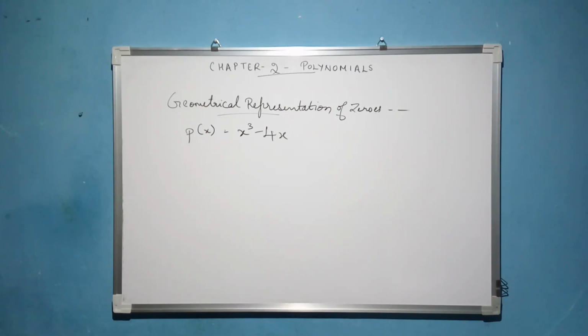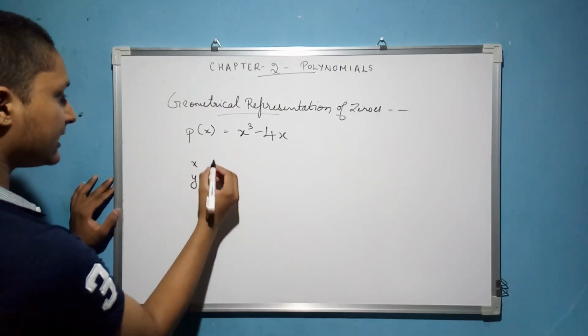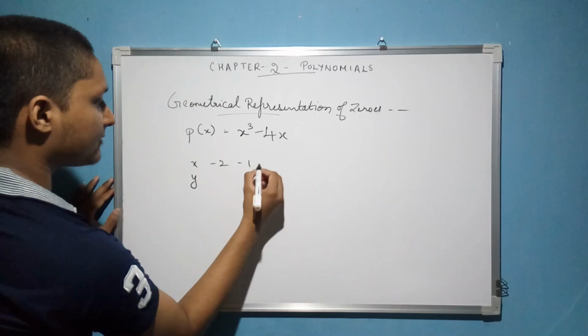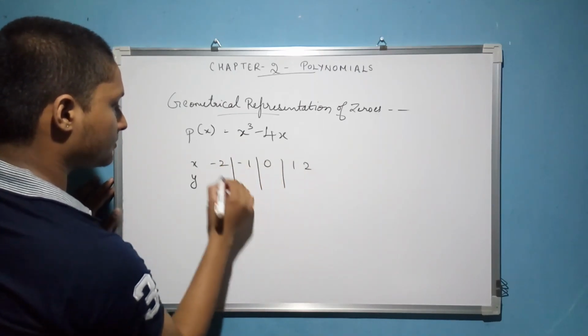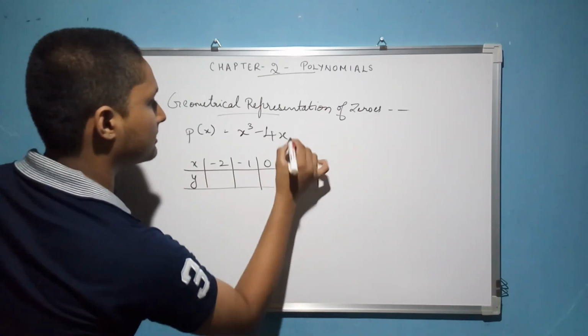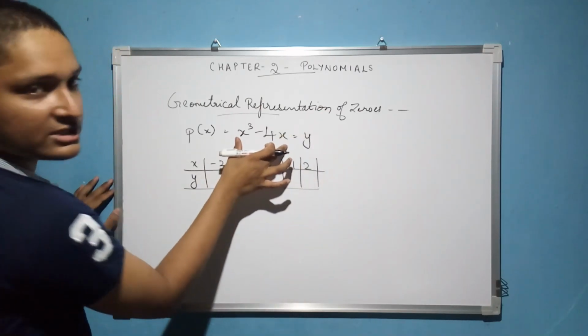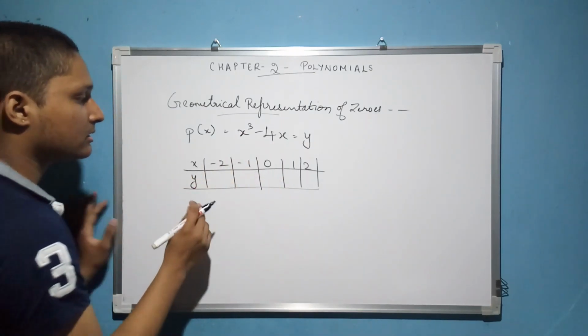So let me take some points. I need to get the points, right? So x and y. Let me take -2, -1, 0, 1 and 2. This many points I'll take. I need to find the values of y now. This expression stands for y. So I need to just fill this table now.